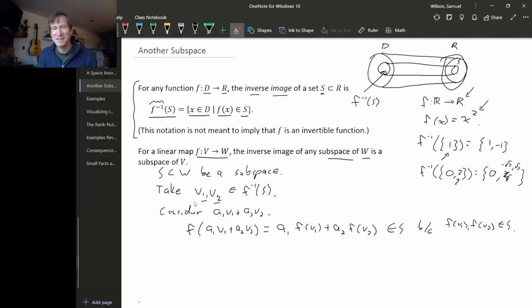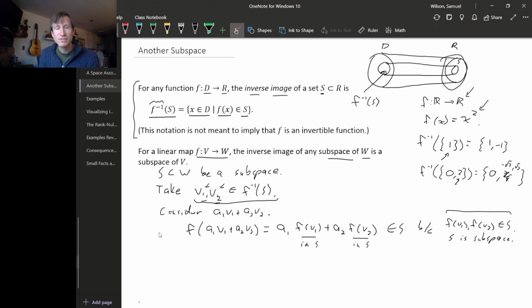So by definition, this means that if you hit either one of these with f, you end up in S. That's what we're saying right here. But on the other hand, S is a subspace of W. That was one of our assumptions. Since S is a subspace, any linear combination of these two elements in S also has to be in S, because S is closed under linear combinations because it's a subspace.